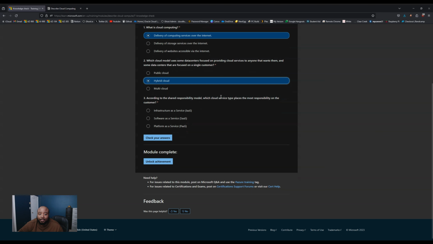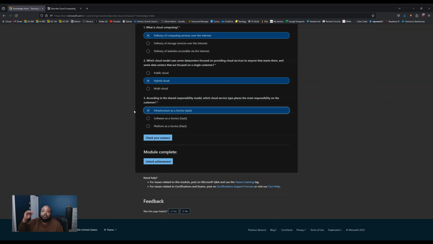According to the shared responsibility model, which cloud service type places the most responsibility on the customer? Infrastructure as a service. Because remember, with infrastructure as a service, the three things that the cloud provider is responsible for are the physical host, the physical data center, and the physical network.